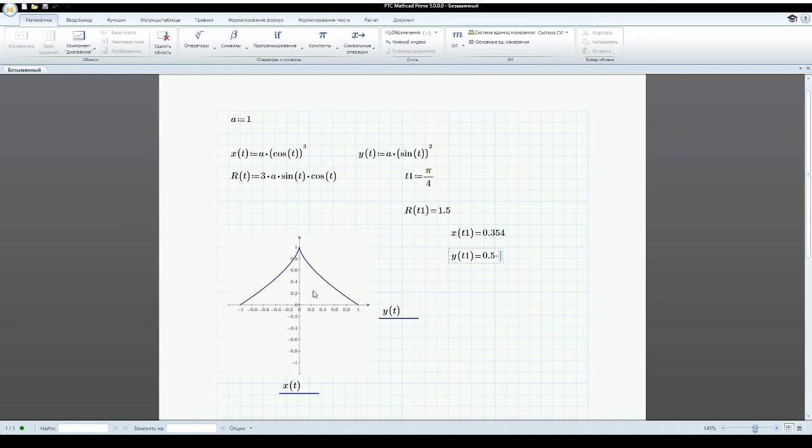I cannot plot this tangent line in this program.